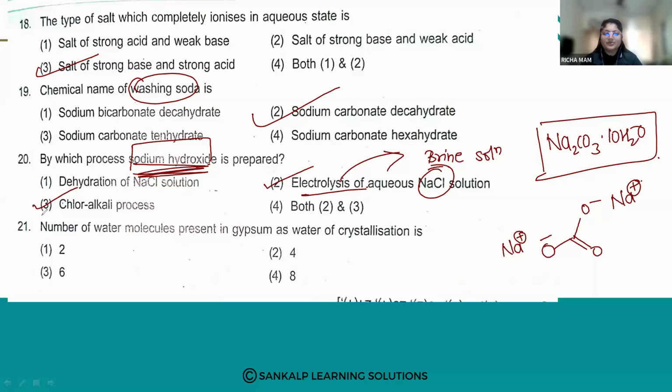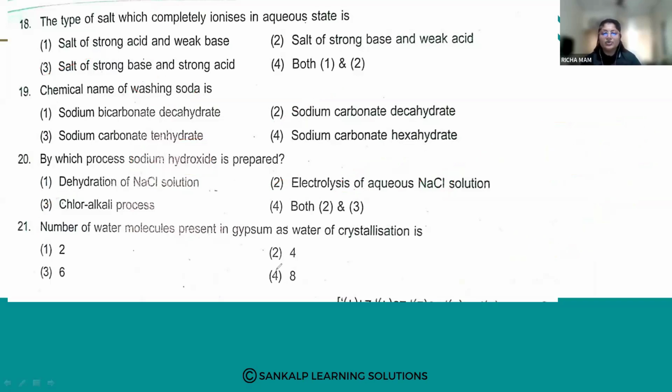Next question. The number of water molecules present in gypsum as water of crystallization is: first one 2, second one 4, third one 6, and fourth one 8. So how many water molecules are present in gypsum?